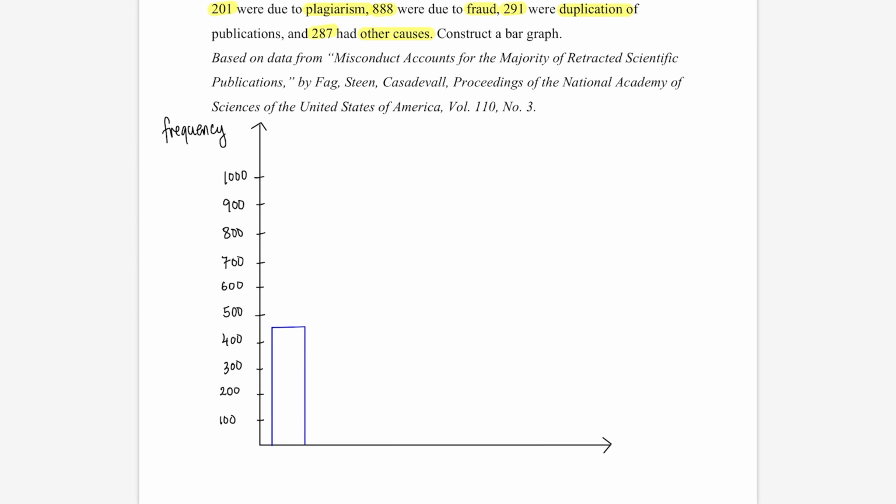The second category is plagiarism with a frequency of 201. Third was 880. Fourth was 291. And the last one was 287.